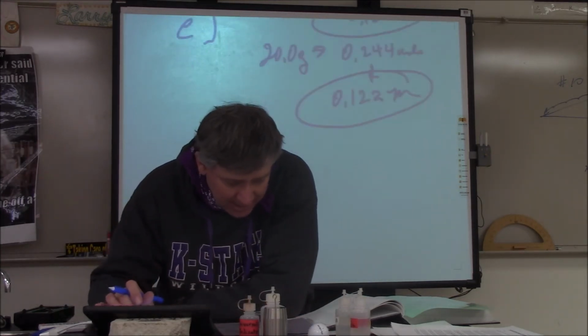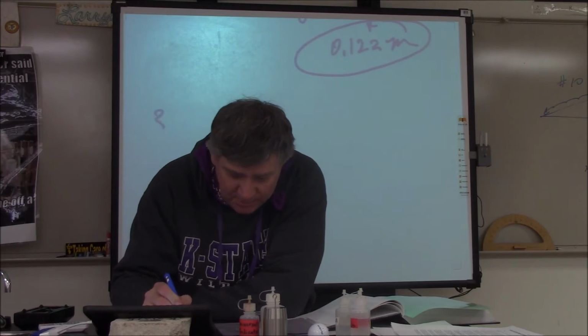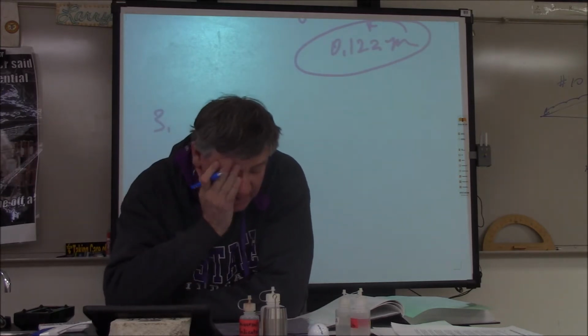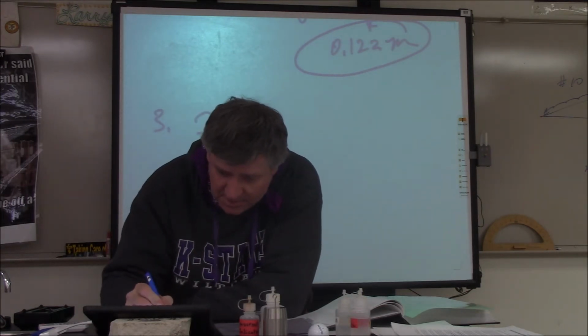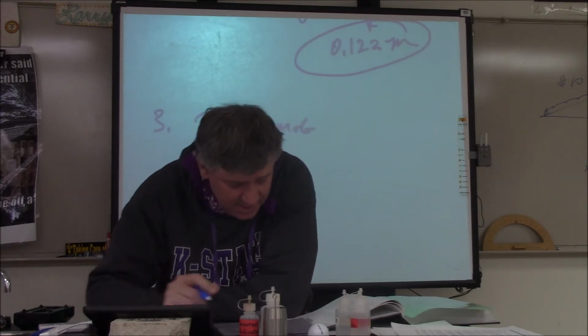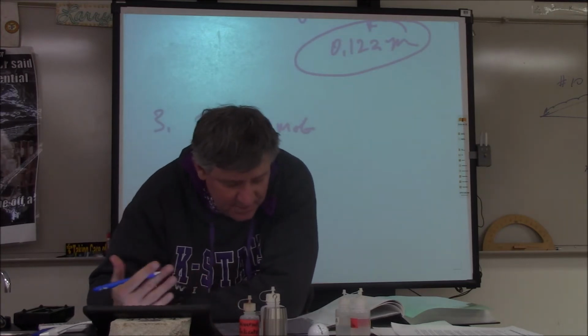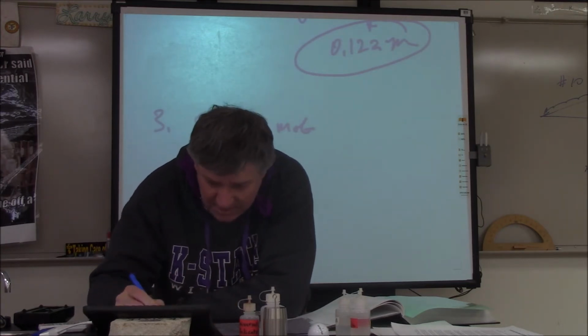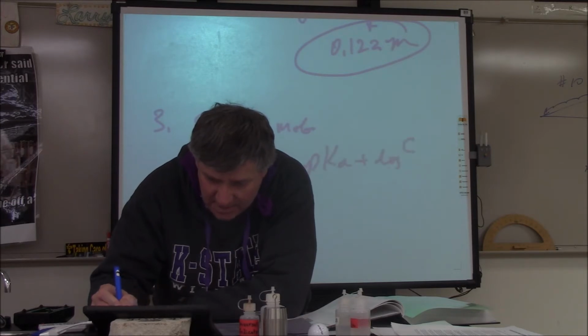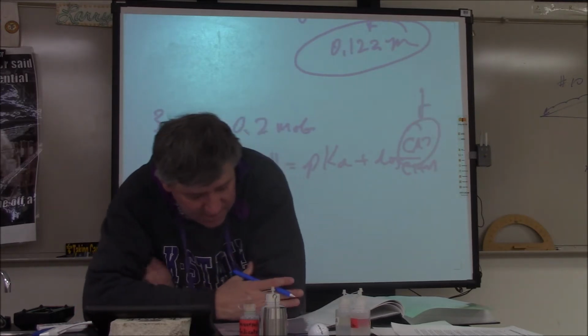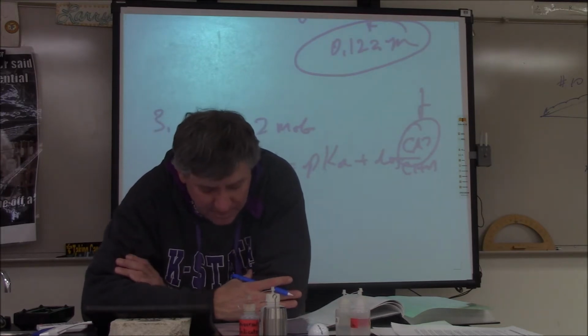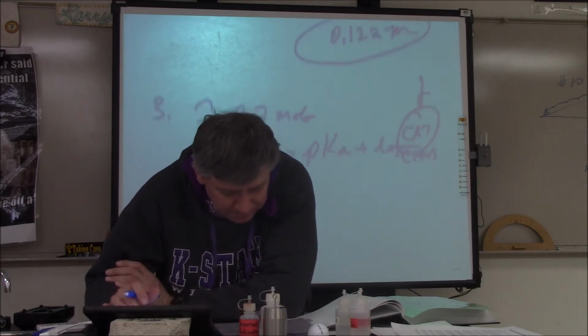Okay, when you get to number 3 and you have to figure out the moles of that NaBrO that you have to have, that answer is going to be around 0.2 moles. The easiest thing to do there is start with Henderson-Hasselbalch, pH equals pKa plus the log of your anion divided by your acid, okay? And then solve for the concentration of those anions. That's the easiest way to do that problem.